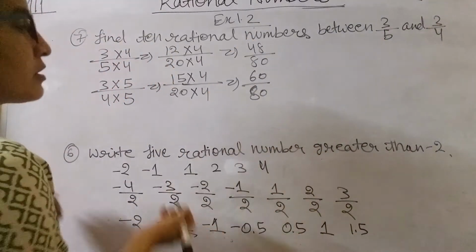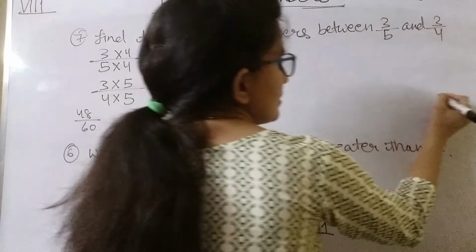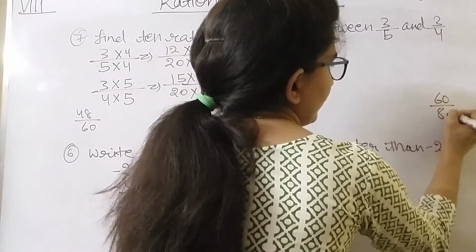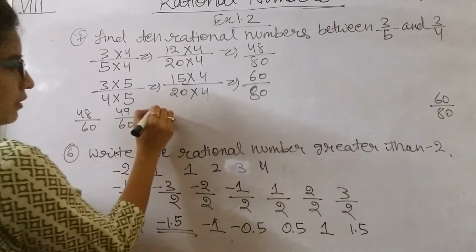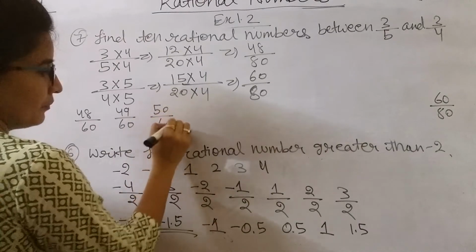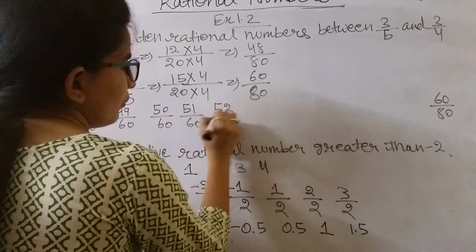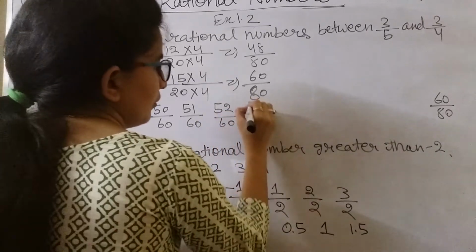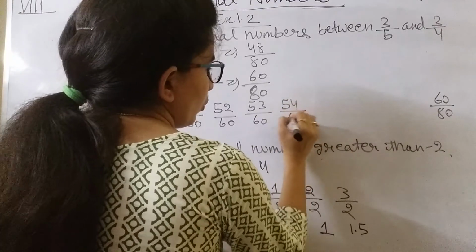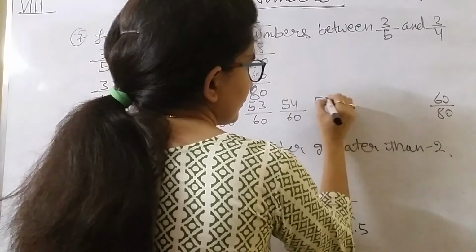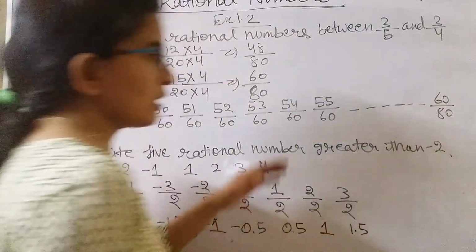So the rationals between 48 upon 80 and 60 upon 80 will be 49 upon 80, 50 upon 80, 51 upon 80, 52 upon 80, 53 upon 80, 54 upon 80, 55 upon 80, and we have 5 more numbers here.